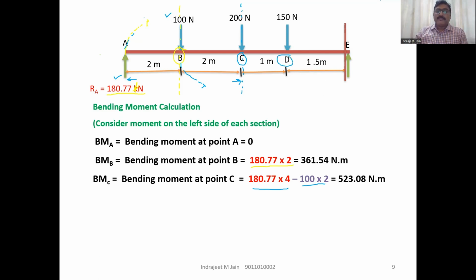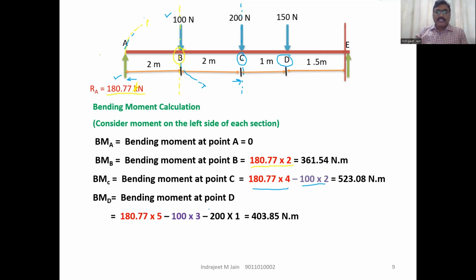This is point D. We'll take the bending moment at D. Bending moment at D is equal to, see here, moment is force into perpendicular distance. Now, all distances are with respect to D. So RA, whose distance from D is 2 plus 2 plus 1. From D, the distance will be 5. So RA into 5. The 100 Newton force's distance from D is 2 meter plus 1 meter, that is 3 meter.